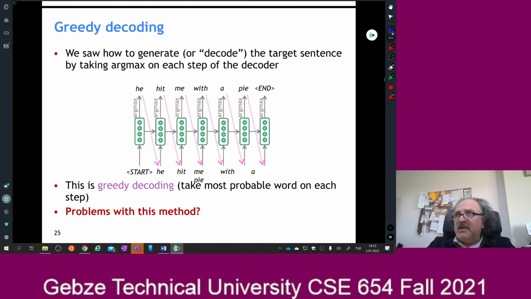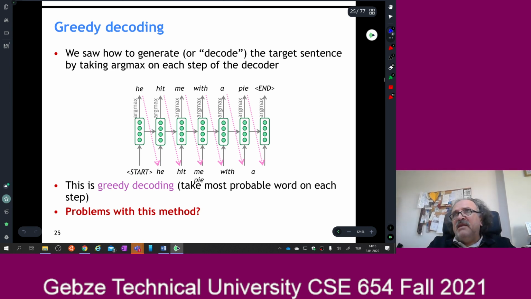Why? Can anybody tell me why we don't like greedy decoding much? This is argmax. Out of all the words in my dictionary, he is the maximum probability word. I take it and feed he here and hit is produced, and I take hit here and me is produced.